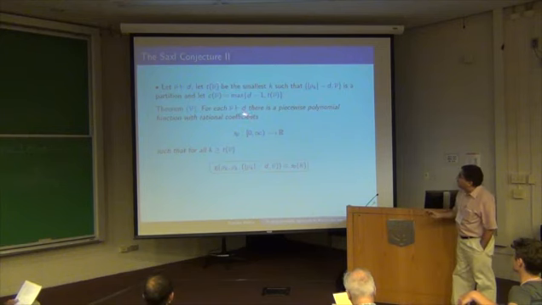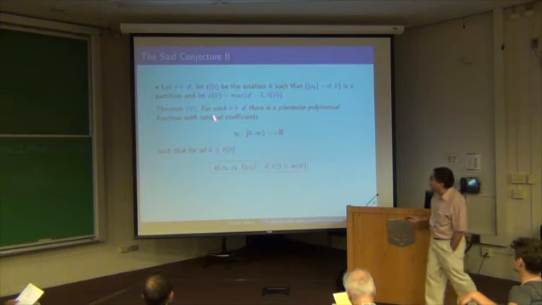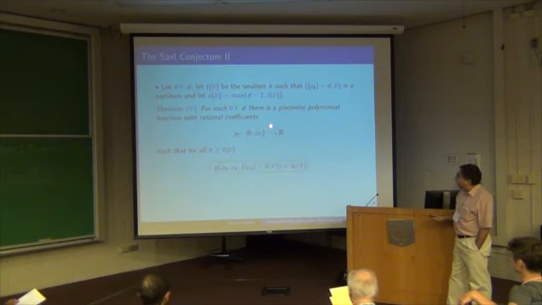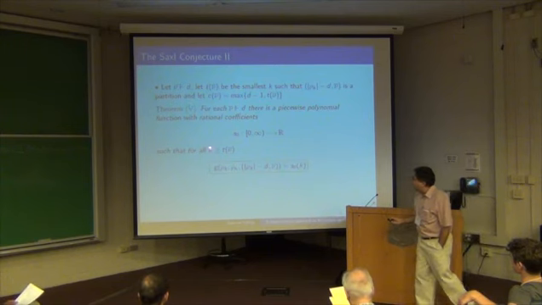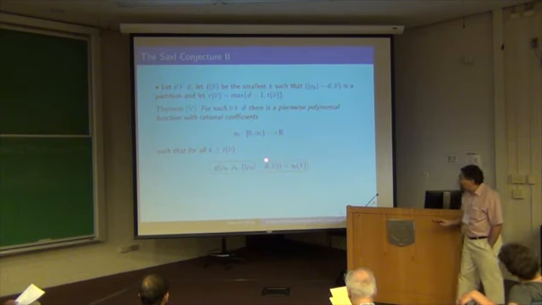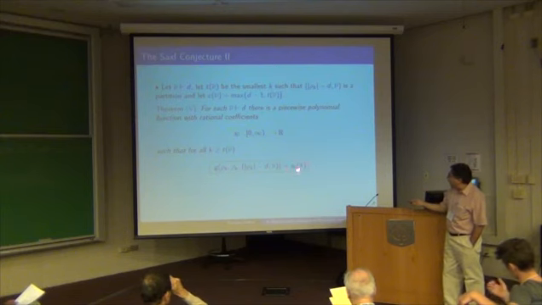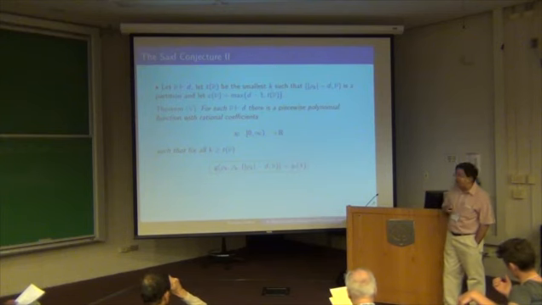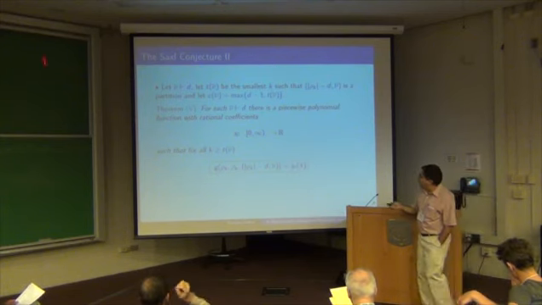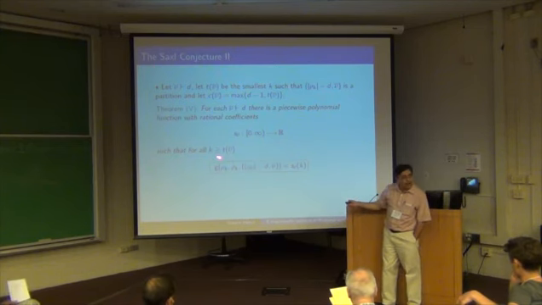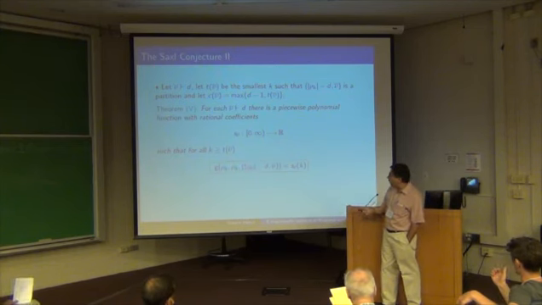For each partition nu bar of D, there is a piecewise polynomial function with rational coefficients, S nu bar, defined on the real interval 0 to infinity, such that for any k greater or equal than T of nu bar, this Kronecker coefficient is obtained by evaluating S nu bar at k. So in other words, if you look at this Kronecker coefficient as a function of k, it is piecewise polynomial.